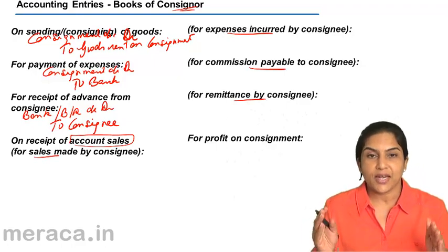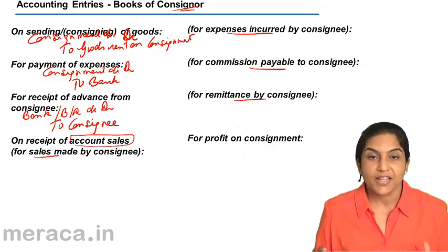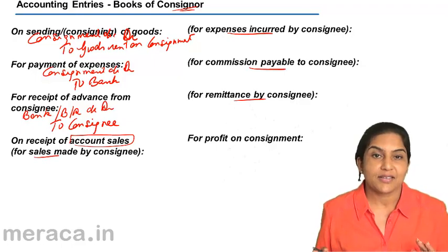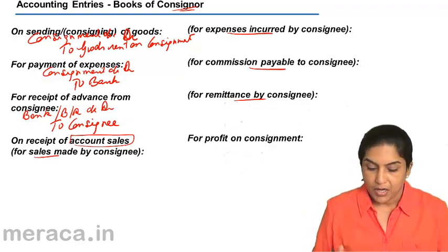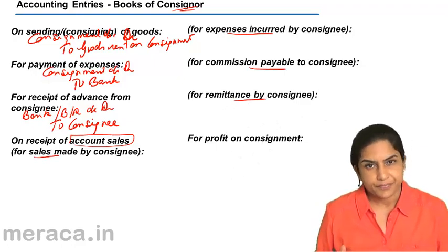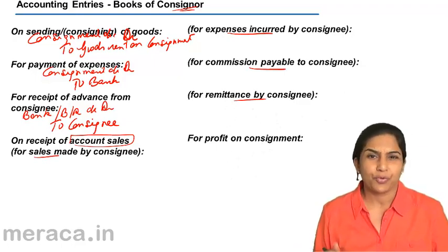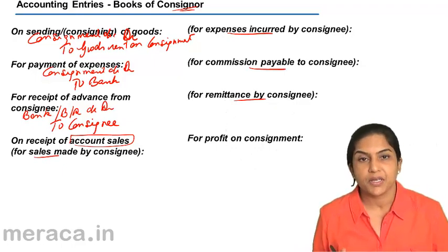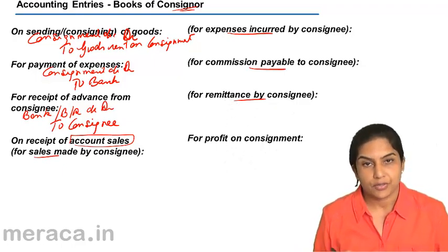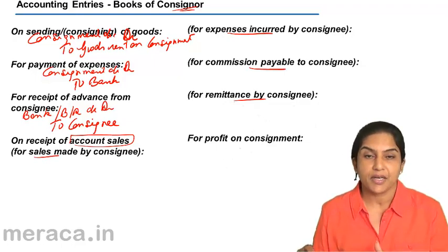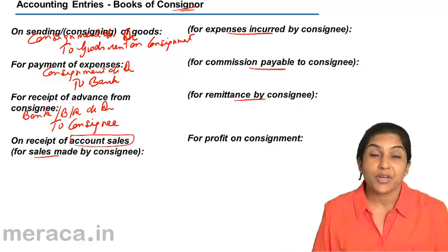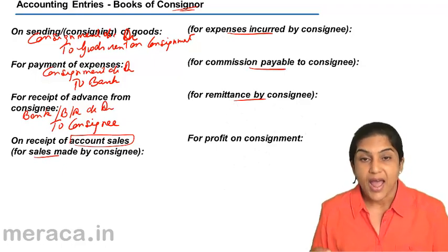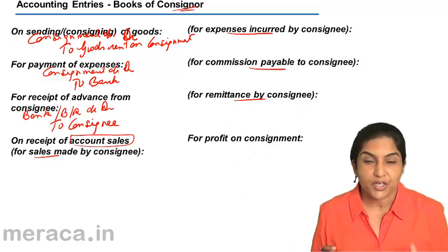Once this account sales has come, the consignor can pass the necessary entries or complete the consignment account. For sales made, what is the entry? For the sale of goods sent on consignment, we would credit the consignment account. And the money for these sales, who gets the money?